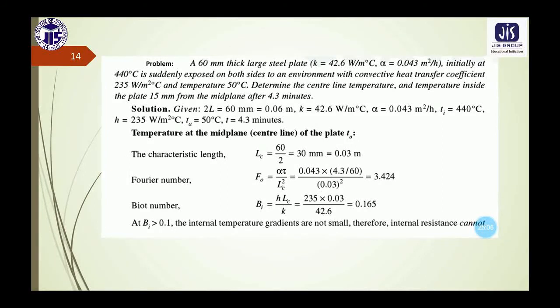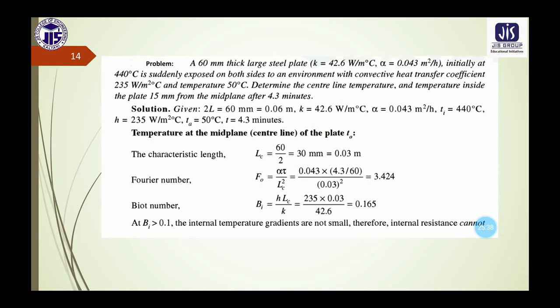So first we need to find the temperature at the mid plane or the center line of the plate, T0. Now first we need to find the characteristic length for this steel plate. So that is Lc equals 60 by 2, so this is equal to 0.03 meter. Now the Fourier number can be calculated using the formula that is alpha tau by Lc square.